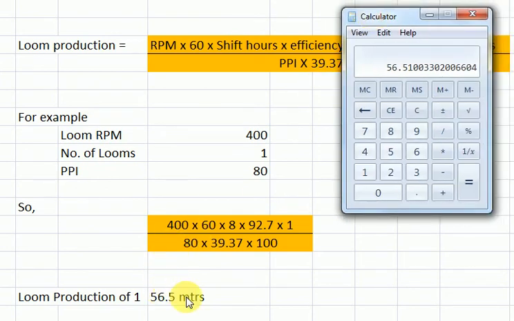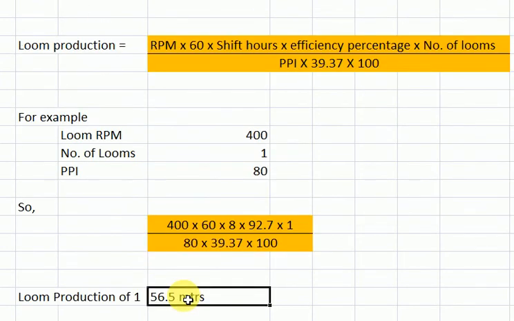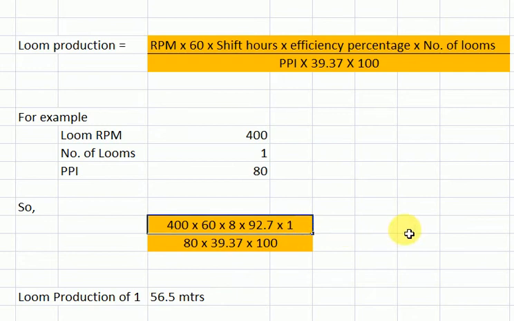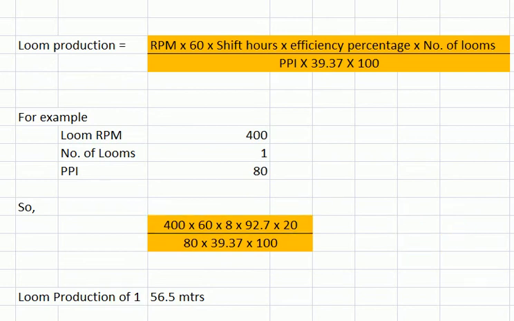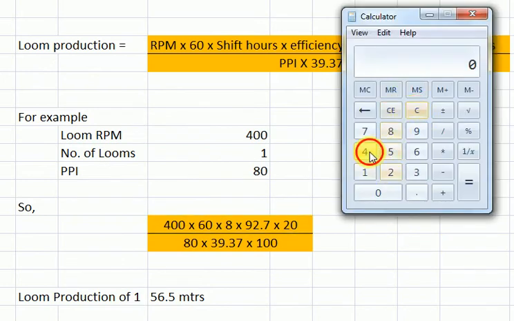If you have 20 looms here, you just multiply by 20 and take a calculator, likewise 400 RPM, 60 multiplied by 8 multiplied by 92.7 multiplied by 20 looms, divided by 80, divided by 39.37, divided by 100.